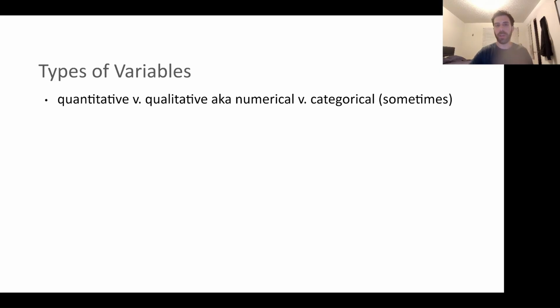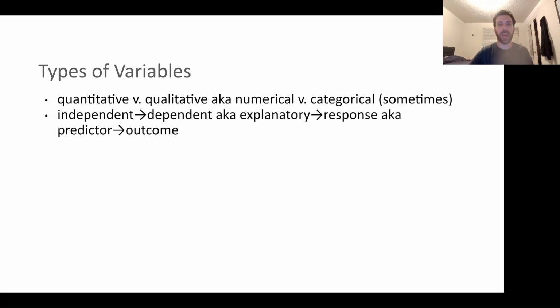The other split we talked about is independent versus dependent, and I'm going to give you 2 more sets of synonyms for that. So you can also think of it as explanatory to response or predictor to outcome. The way I like to think about it visually is on the x-axis is the variable that's explaining the variable on the y-axis.